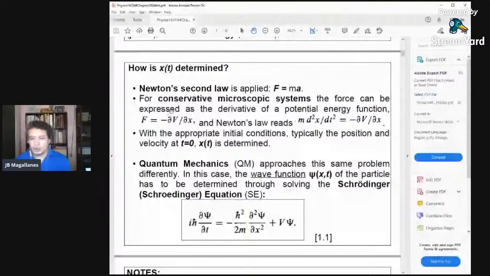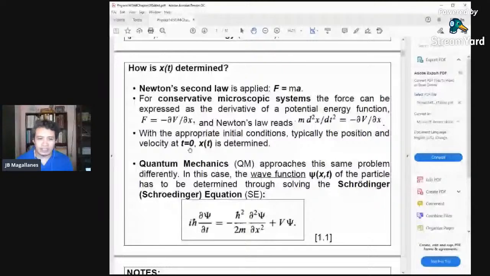With appropriate initial conditions, typically when you start the system or when you start the experiment, you always have that t equals 0. That's your initial state, the state of your experiment.